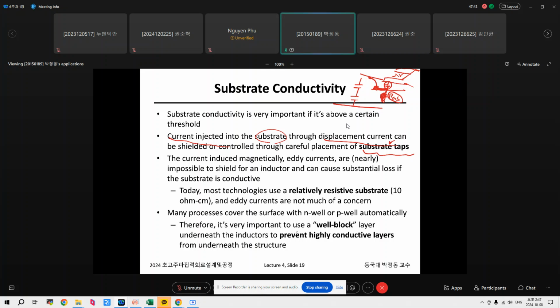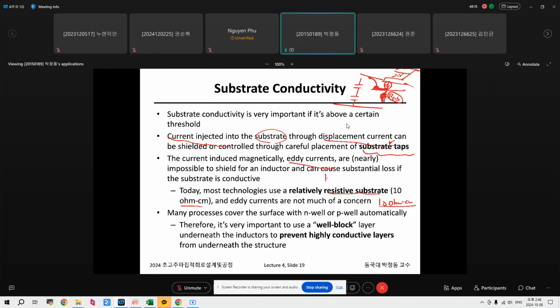Also, the eddy current is an issue, right? Since this is lossy, the eddy current will induce lots of loss if the substrate is conductive. So most technologies utilize a relatively resistive substrate, but it's not such a large one. This is 10 ohm centimeter, resistivity wise.